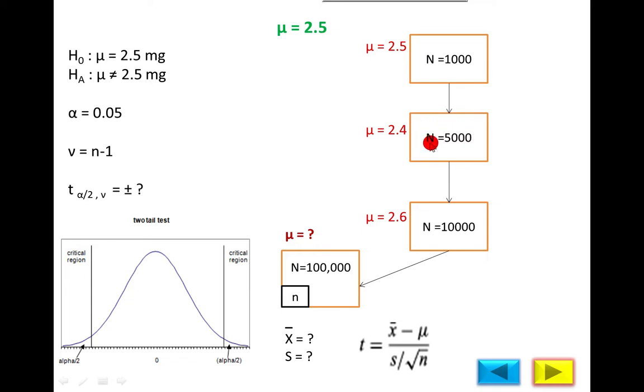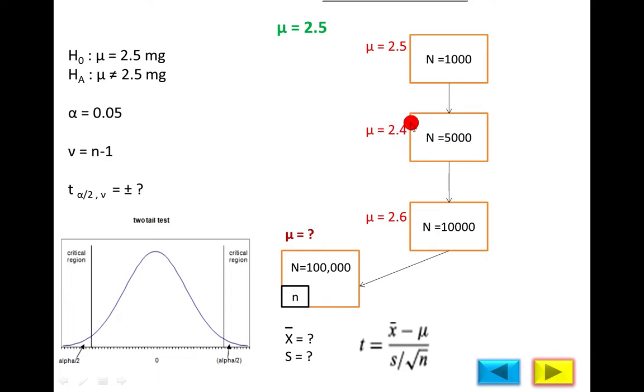Suppose the first tablet is 2.3, the second 2.4, the third 2.6, and so on. Then add all 5000 weights and divide by 5000.